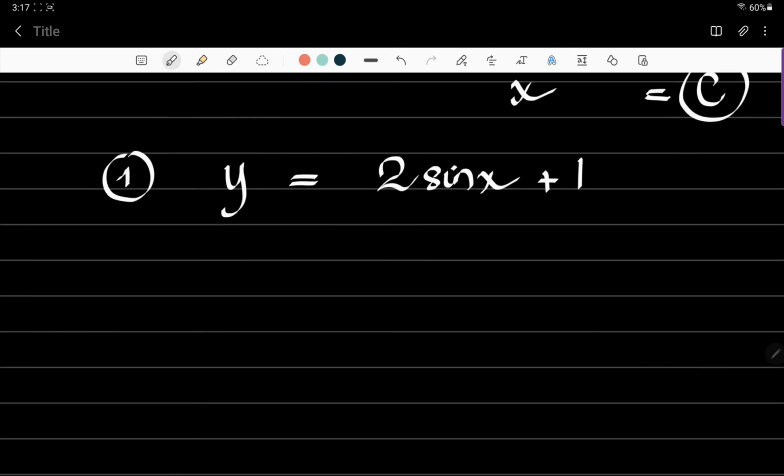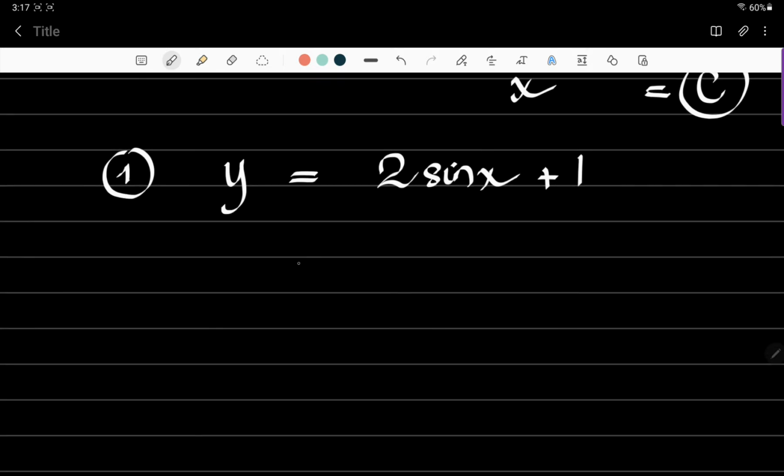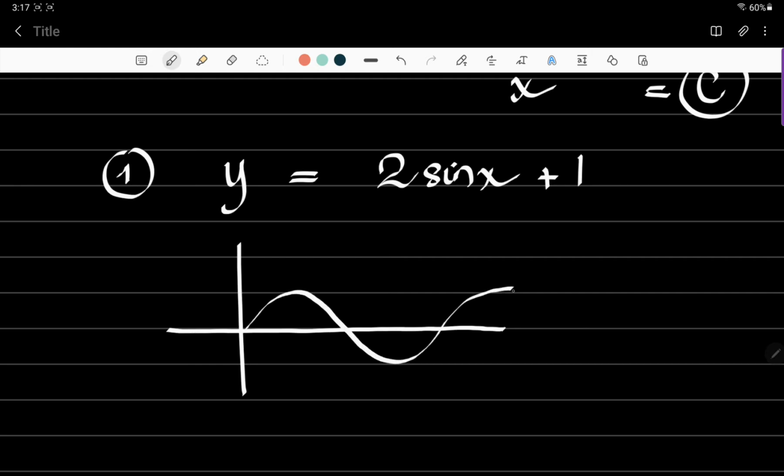Now sine x usually goes like this, and this one here is one cycle. Since the amplitude is 2, I'm going to move up 2.